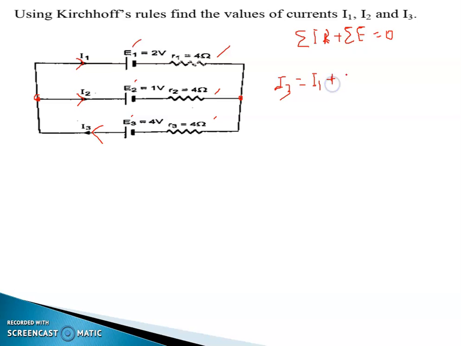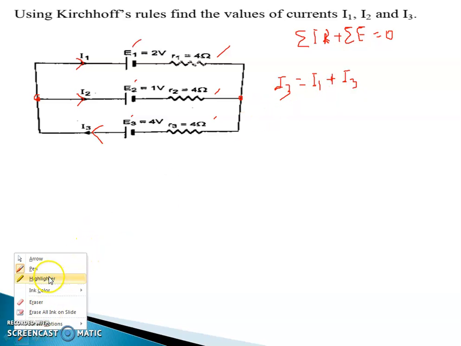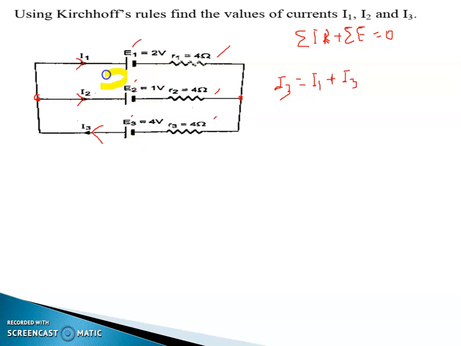Now we have to frame the equations from the loop rule. First of all, we have to draw an arrow in the anti-clockwise direction. This is the arrow in the anti-clockwise direction, and this is for the second loop.